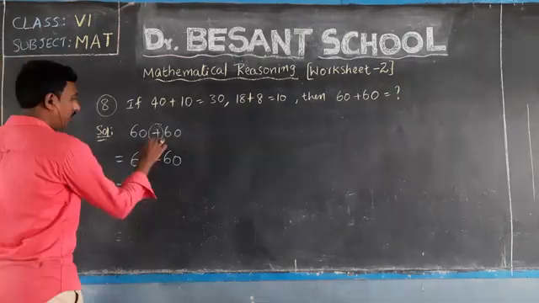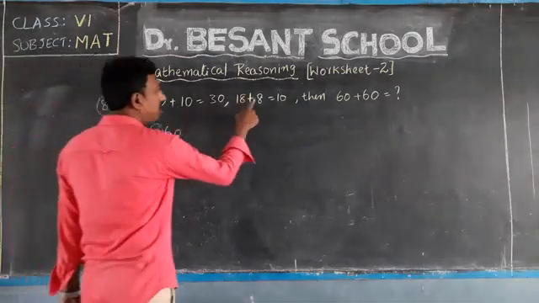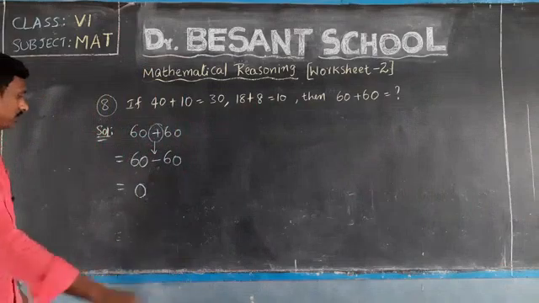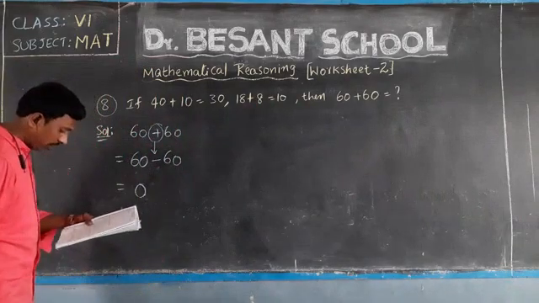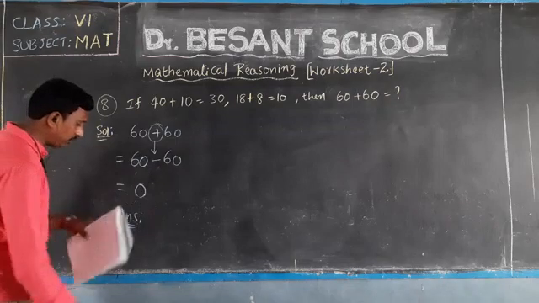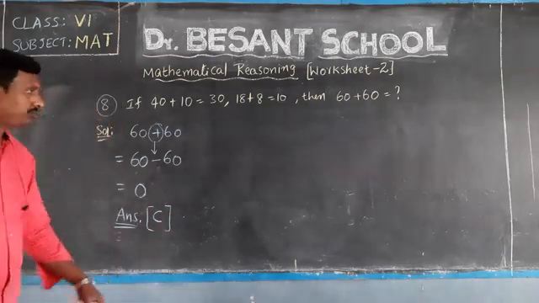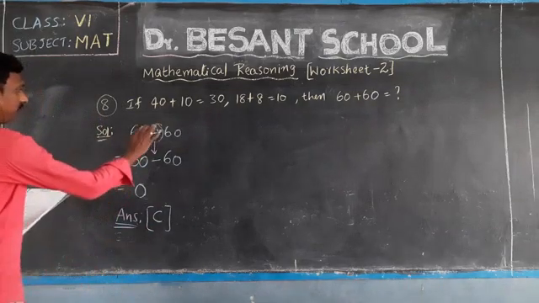We have to perform subtraction based on the hints given here. Okay, my dear students, what is our option? Yes, it is 0. So our option is C. Note it down. I hope many of you did the problem correctly.